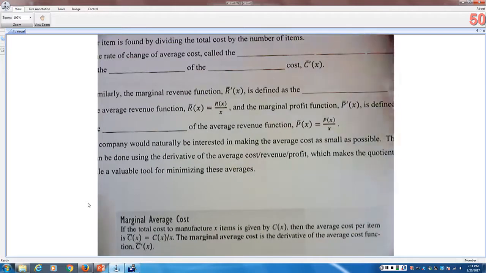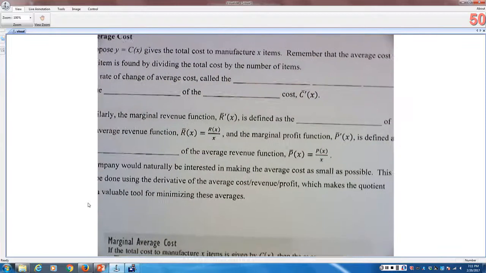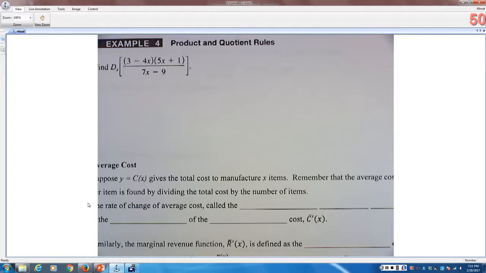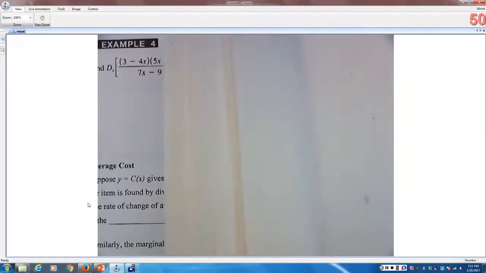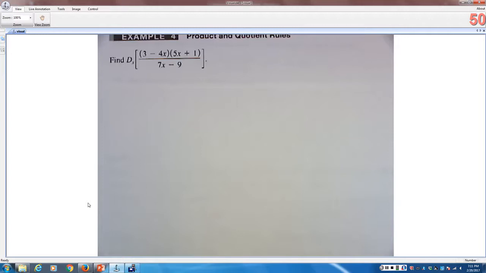So now we're ready for a challenge, right? Now we're ready to do a product and quotient rule at the same time. And I'm not going to go through it with you on the PowerPoint. I'm going to work through it with you step by step, because this one can get tricky. So there's our original problem, which you got on your paper.